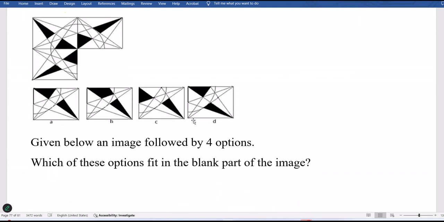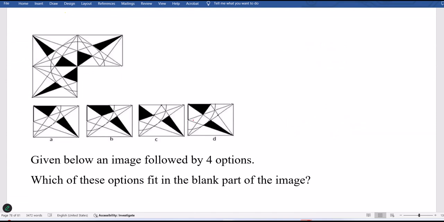And this is just to fit that. Now one simple logic which will eliminate all other options: only this corner is going to fit there. We need a triangle shape.